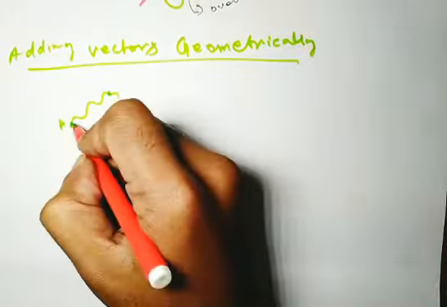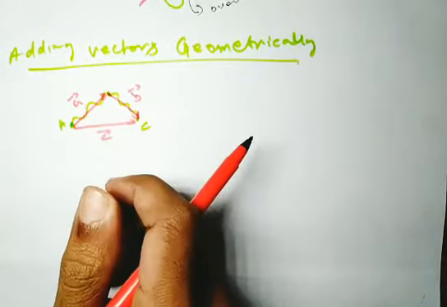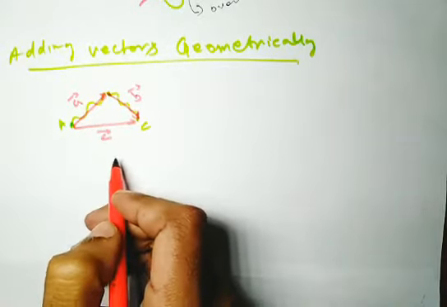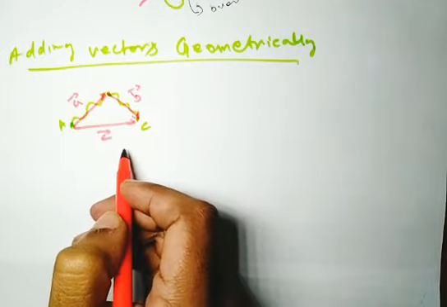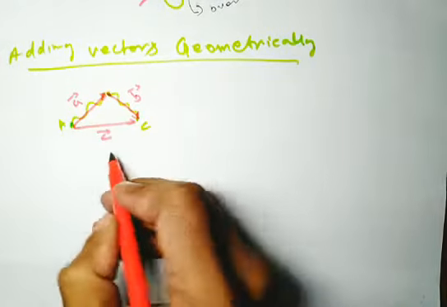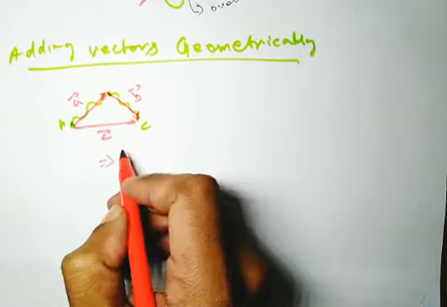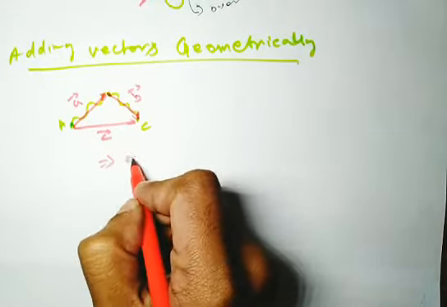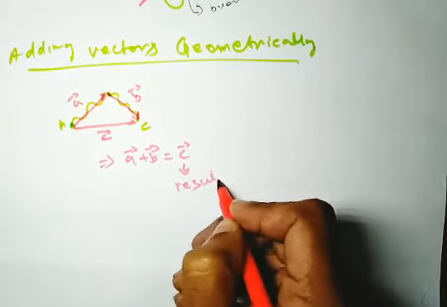So the resultant vector will be C. Or we can say the net displacement is the vector sum of A plus B, which gives the resultant displacement.